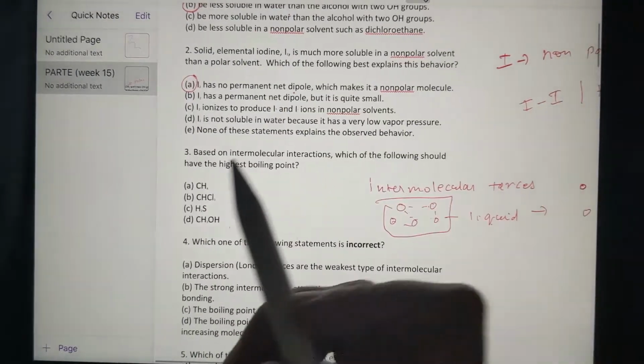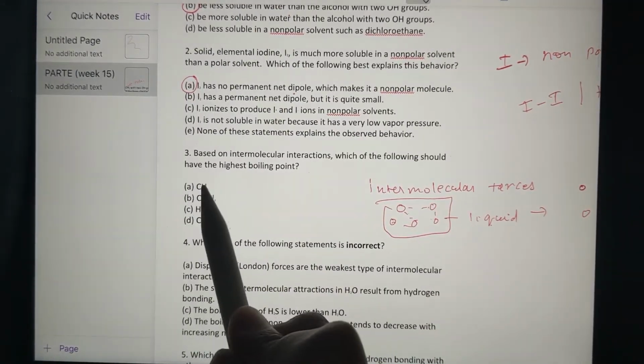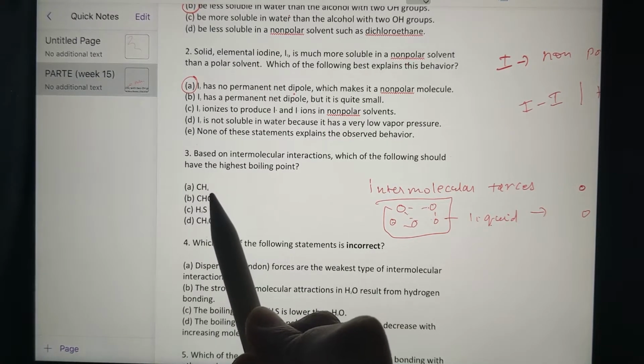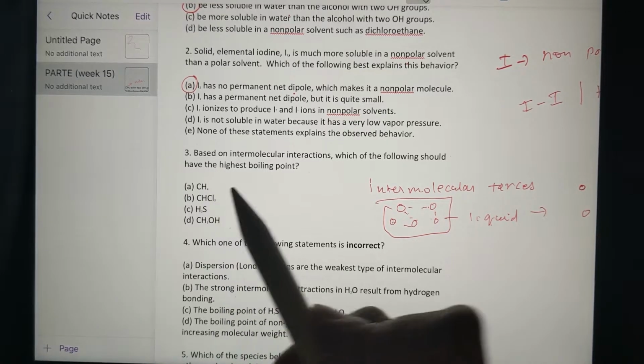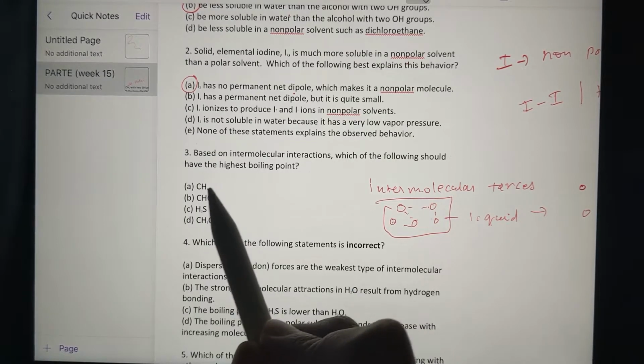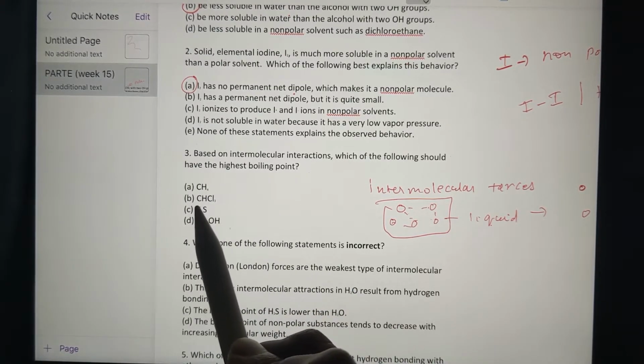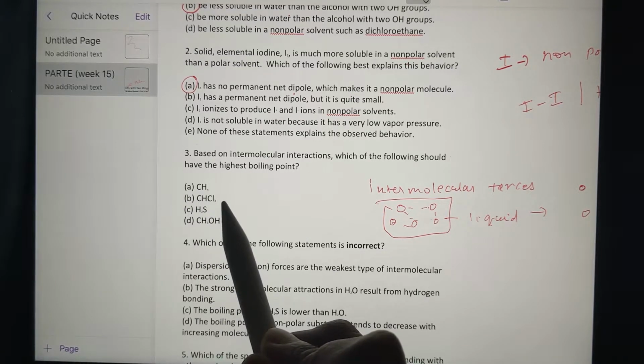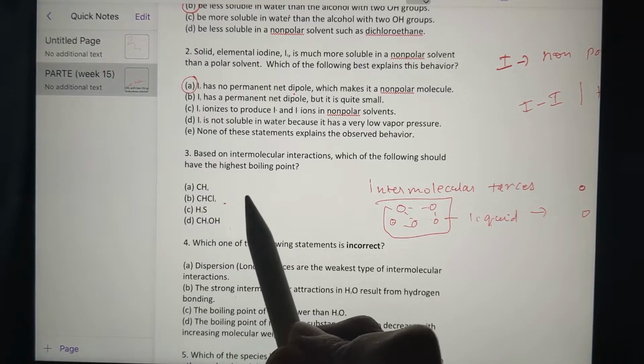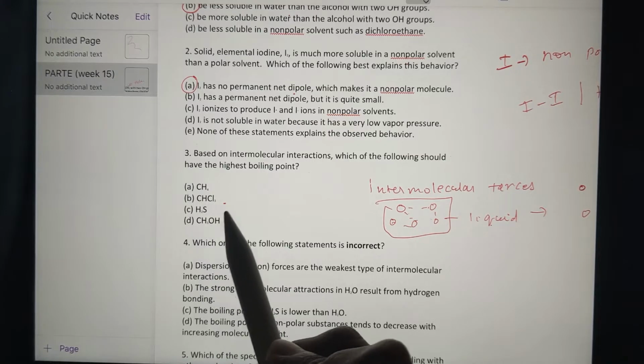CH4 is a non-polar molecule, so there won't be any intermolecular interaction except very weak dispersion forces. This one will have very weak dipole-dipole interaction. The same goes for the third.